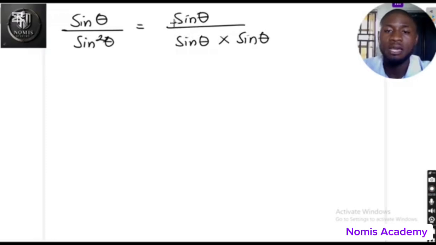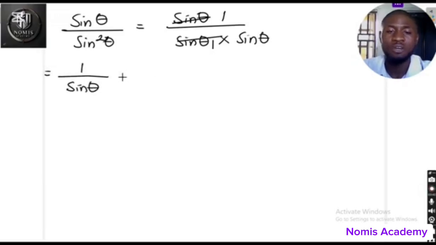Sine theta divides sine theta, so we have 1 and we have 1. So we are left with 1 all over 1 multiplied by sine theta, which is sine theta. So 1 all over sine theta.